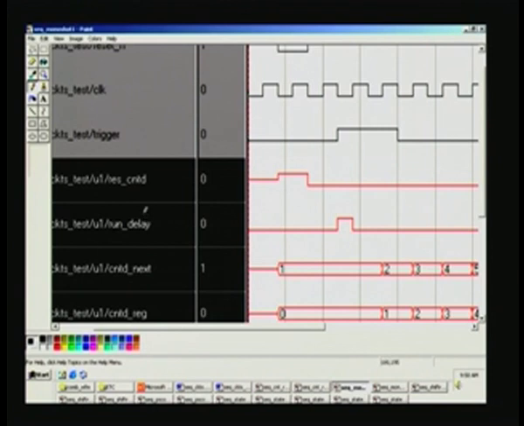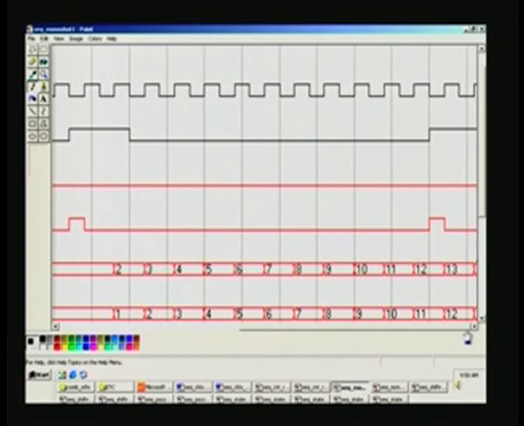And next we see here run delay is rising, and here also, somewhere here when the counter is 12. The reason is I purposely triggered it once again when the counter was already running, just to demonstrate that this is non-retriggerable. So it does not reset here, it merely ignores.